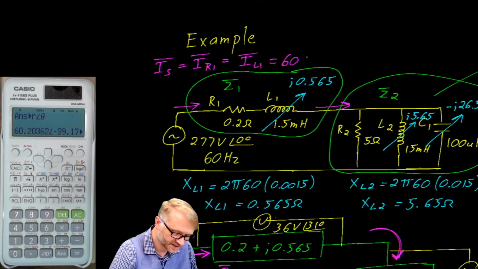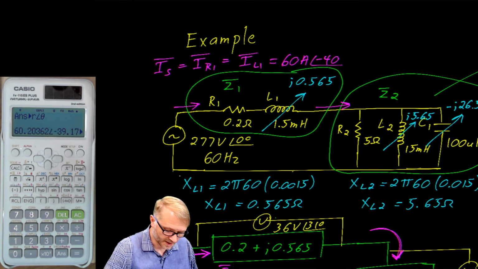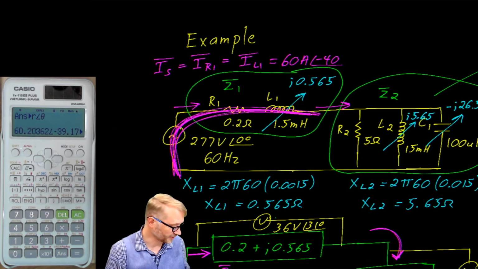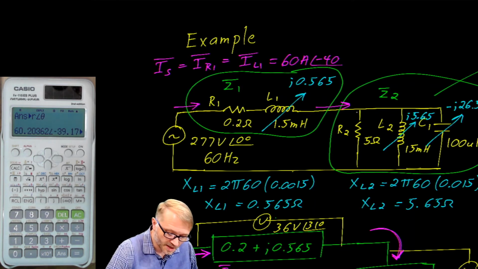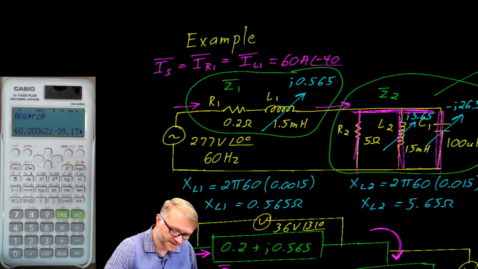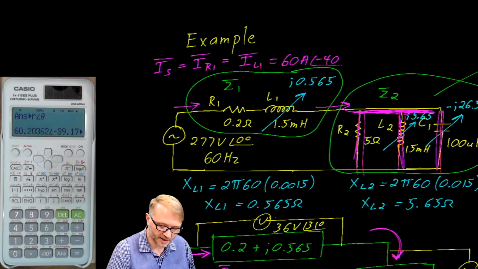So that's 60 amps at a phase angle of -40 degrees. Again, this is a series circuit for this part, so all of these will have the same current flowing through them. This piece is not a series circuit. This is a parallel circuit, so we're going to need to do a little bit more work to figure out what the current through each of those elements is.